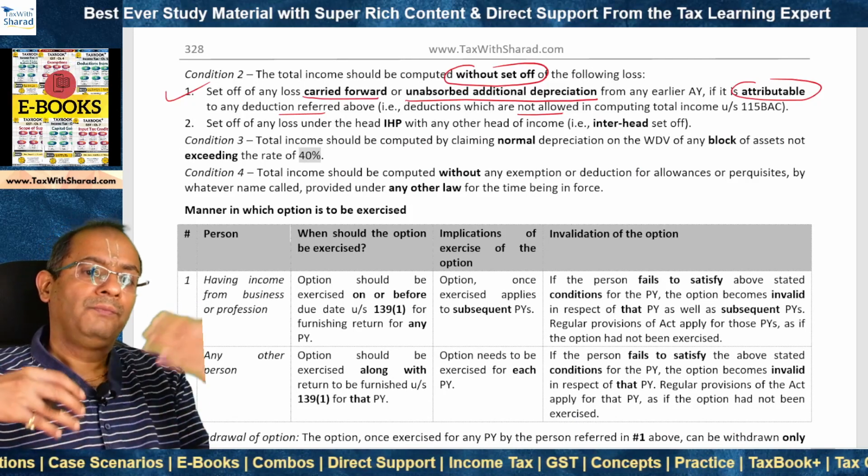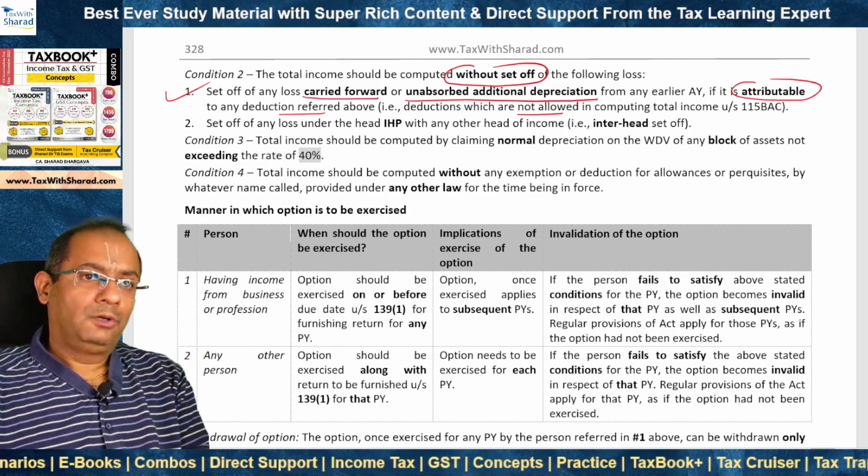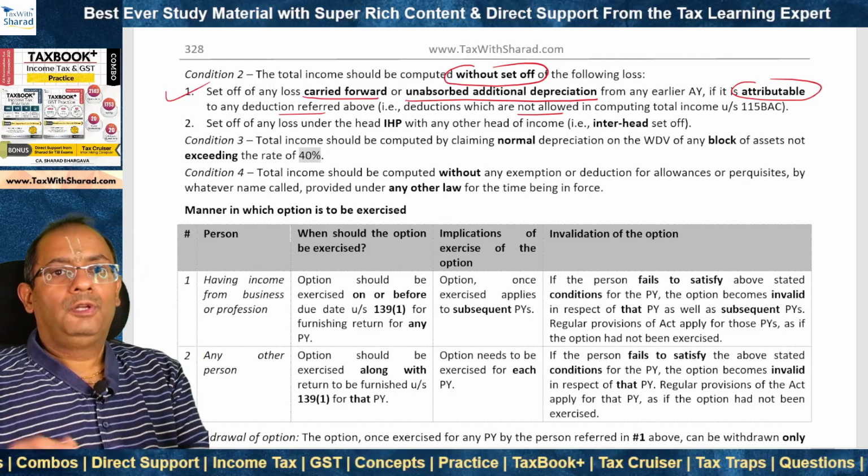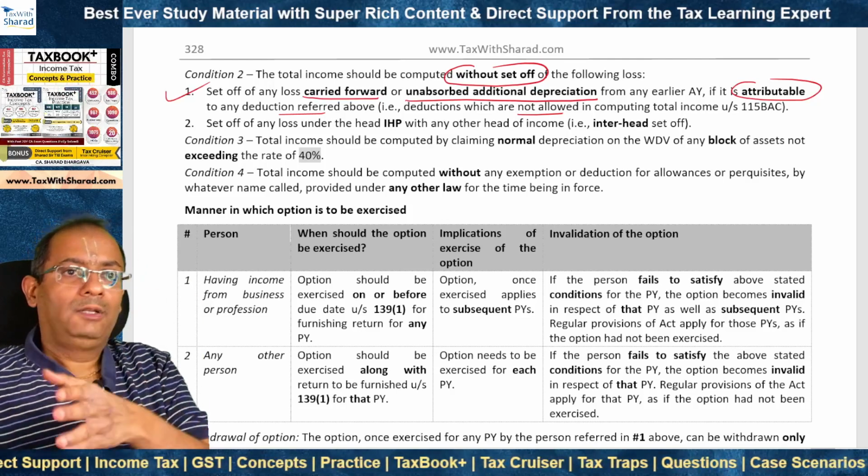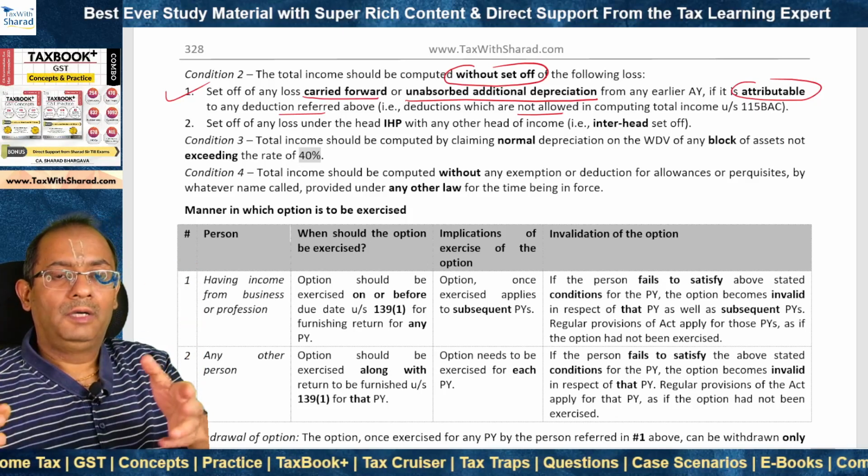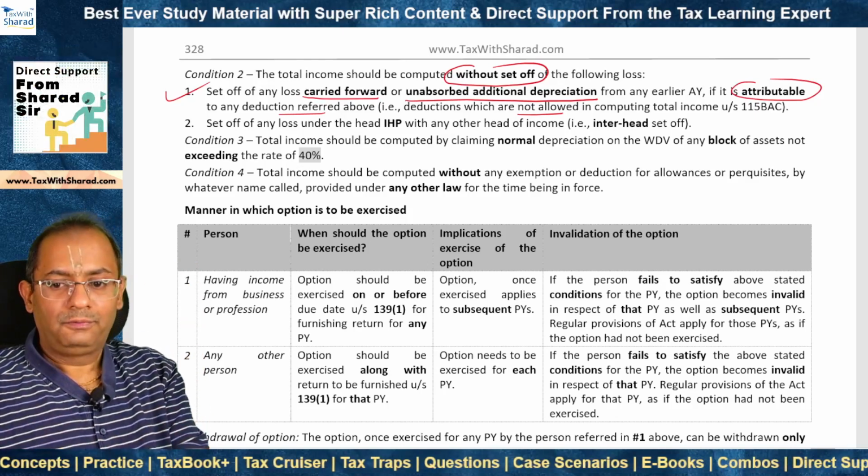The logic is that if the deduction is not allowed, then if the loss has arisen on account of such deduction and is brought forward, that loss should also not be allowed to be set off.